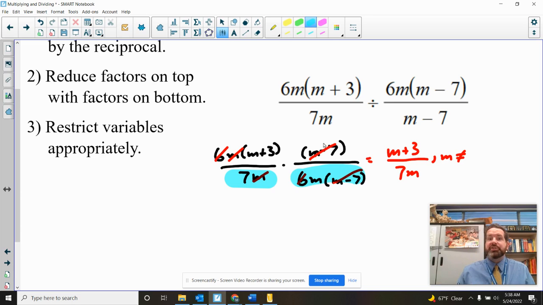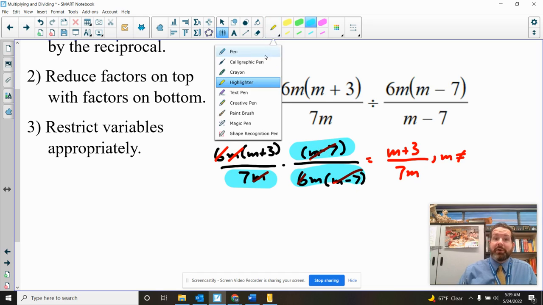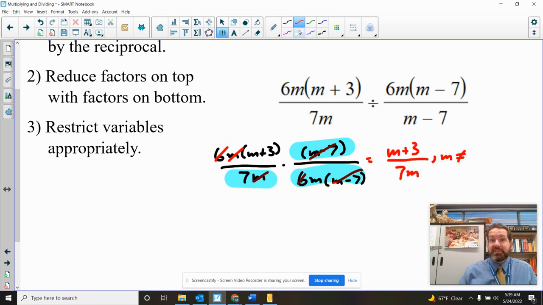But I also have to check here, because this used to be the denominator of a fraction. So when we're restricting this time, you've got to check 3 places. The 2 denominators once you flip, and then this one that used to be the denominator before you flipped. So don't forget to check all 3 of those when you are doing divisions.